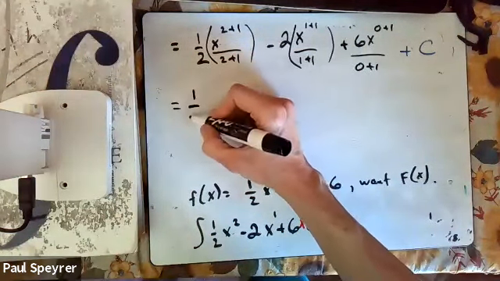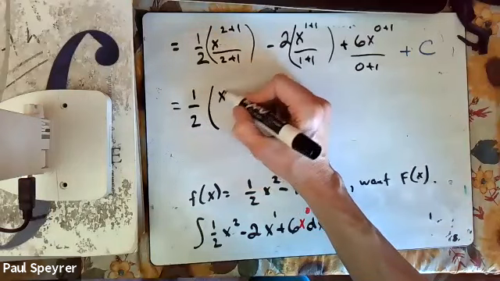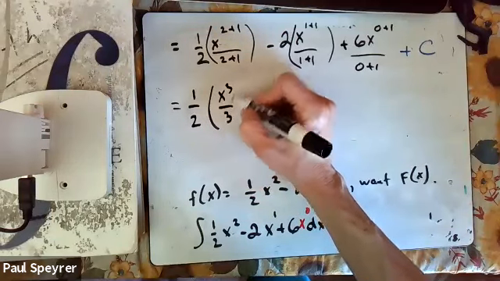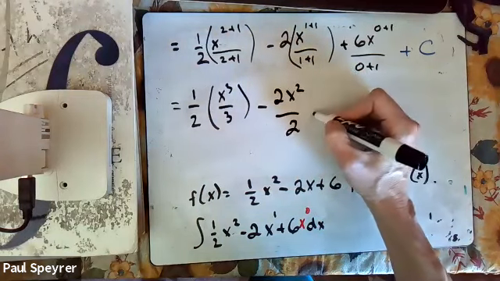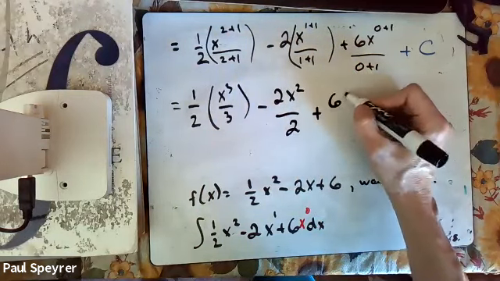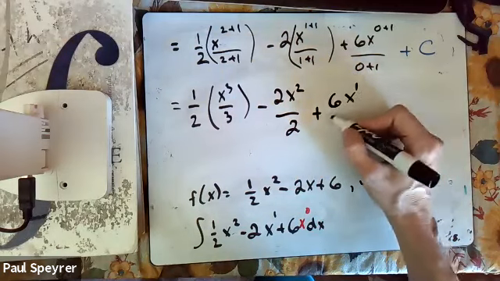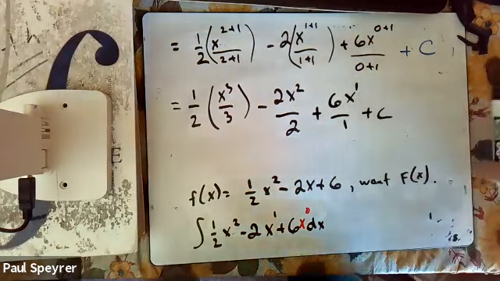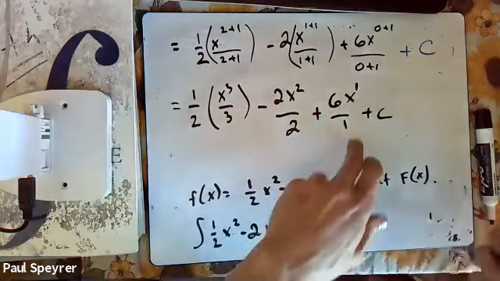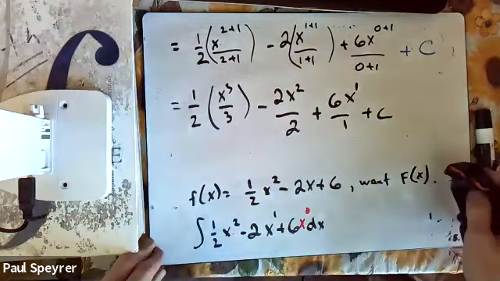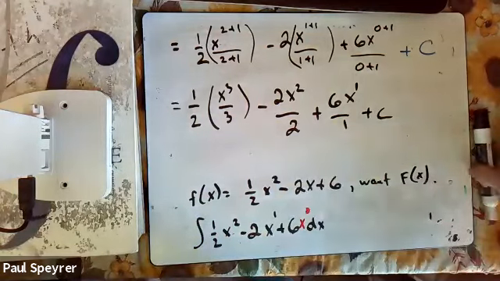This is 1/2 times x cubed over 3, minus 2x squared over 2, plus 6x to the first over 1, plus c. You don't have to put the 1; it's assumed there's a 1 under it if there's nothing there. So let's keep going.